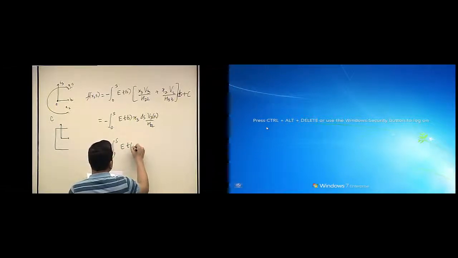So it becomes the integral of E Ts x3 ds times v3 over h22, because v3 depends on x1, not on S. And you have another term, 0 to S of E Ts x2 ds, times v2 x1 over h33, plus c.